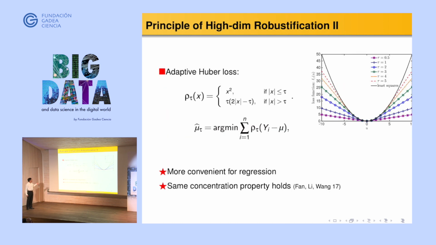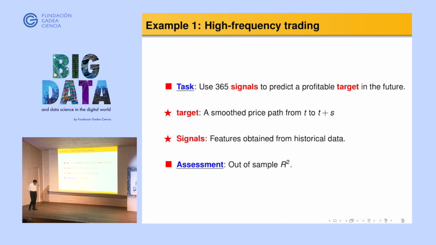Now, can we see this in action in, let's say, high-frequency finance? Being in New York, of course, from time to time there are always people from hedge funds asking about this. In this particular case, we were given 365 signals, covariates, and we want to predict a target in the future, which is really just a price move from the current price to maybe the next millisecond or next 5 ticks.